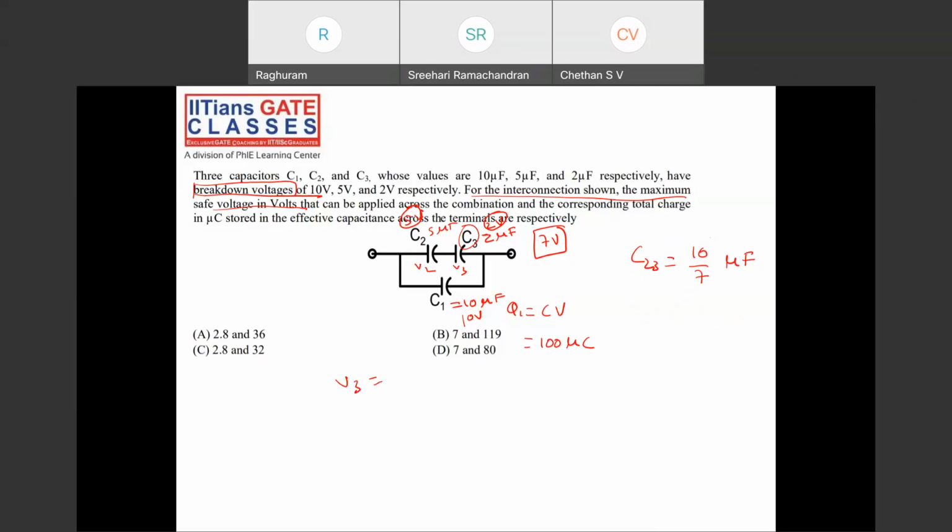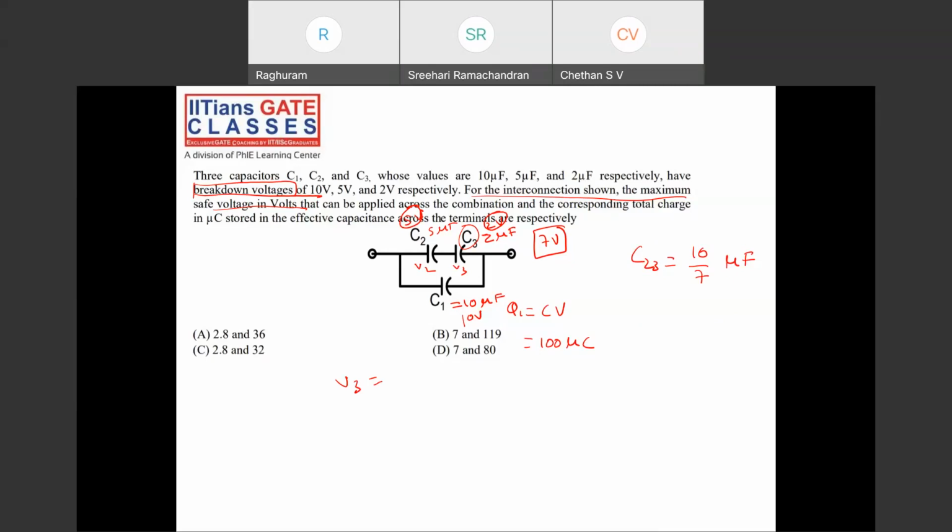Adding that to C1 gives the effective capacitance, and the maximum voltage is 7.